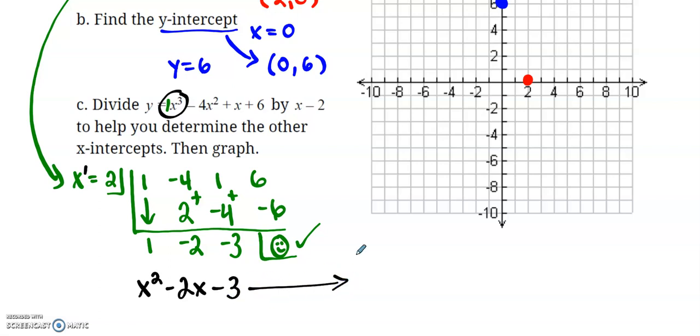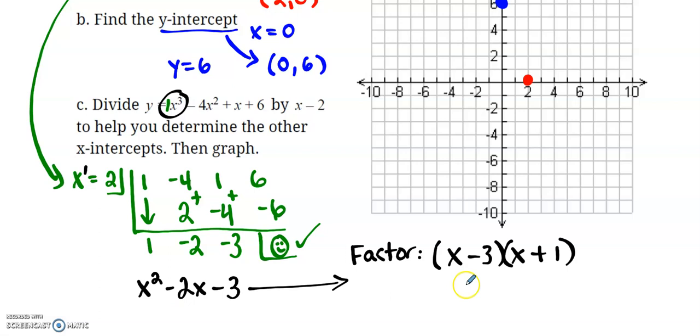And so I'm going to check to see if we can factor this. I need to see if I can multiply to -3 and add up to -2, which I think I can with -3 and +1. Yep, because I get 1x and -3x's, that's going to be -2x in the middle.